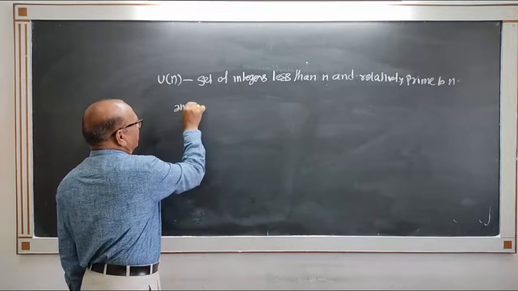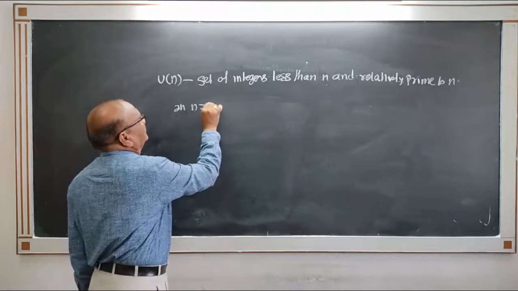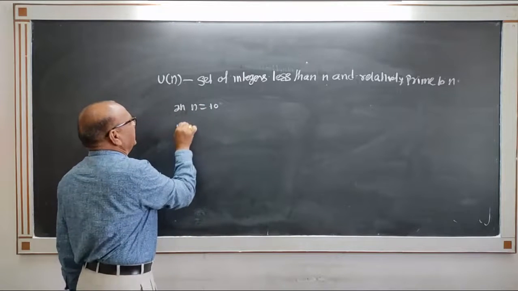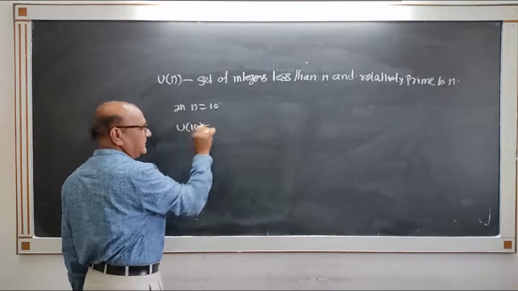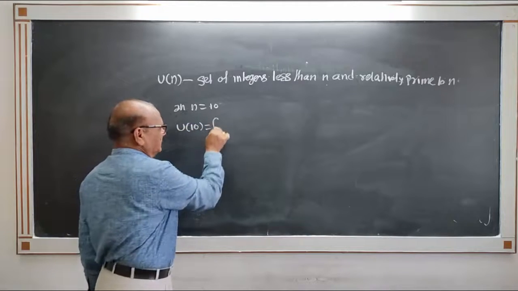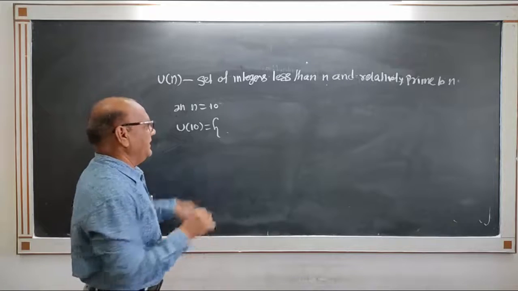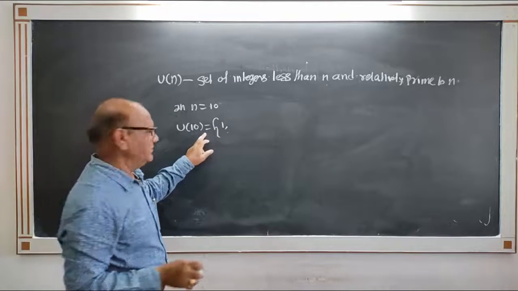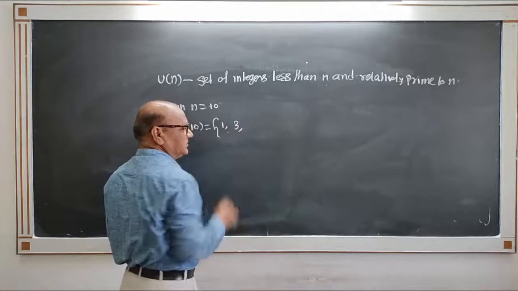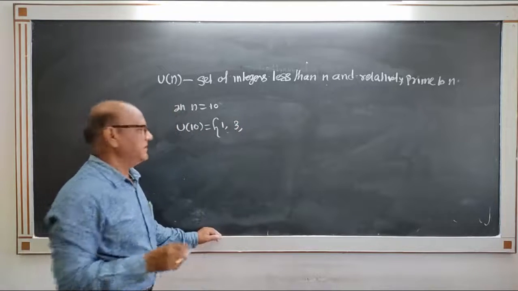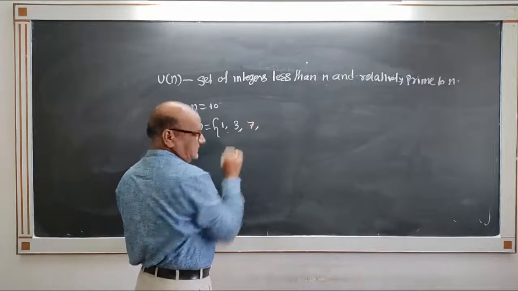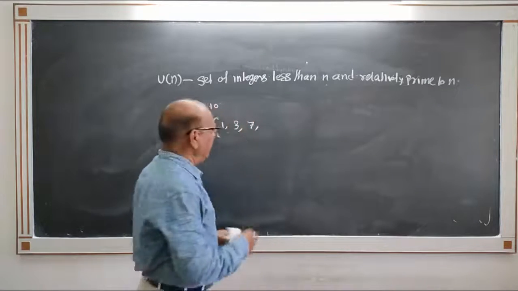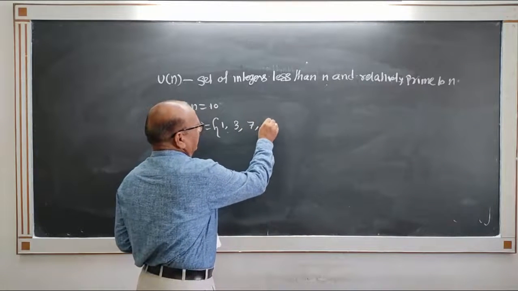If n is equal to, suppose, 10, then U of 10 is equal to the set 1, 3, 7 and 9. 1 is less than 10 and relatively prime to 10.